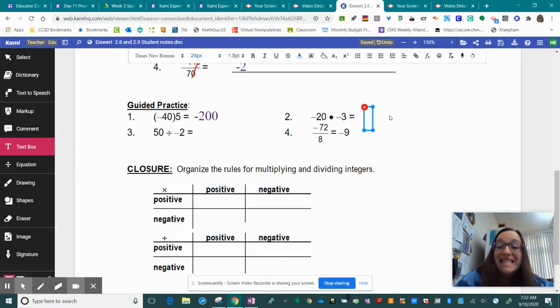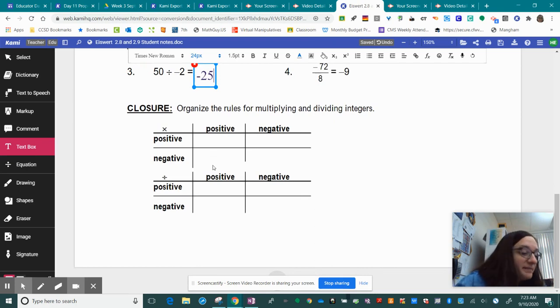Next one, we have the same signs, which is positive. 2 times 3 is 6, and we can tag along that 0. Number 3, 50 divided by 2, and that is a negative 2, so the signs are different, so we have a negative 25. And the final answer was given to you. You're welcome. Negative 9.